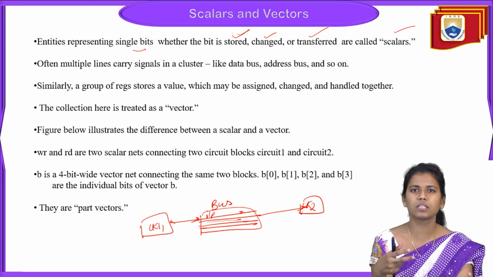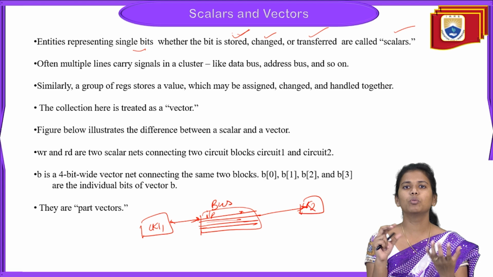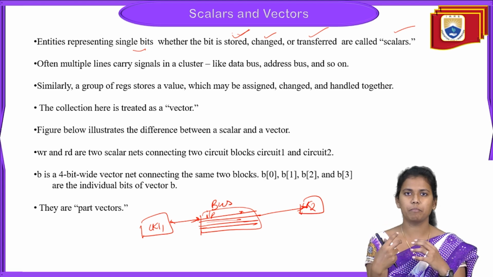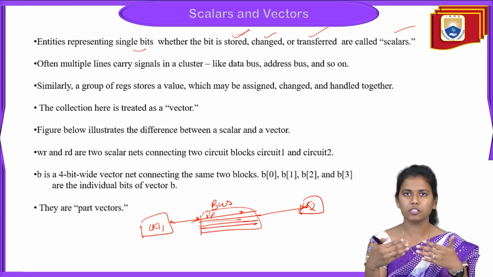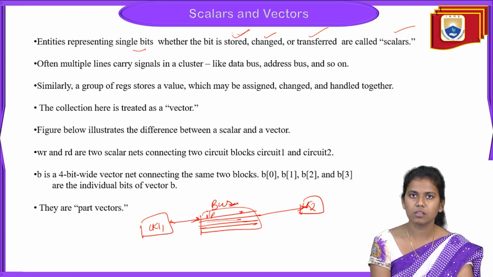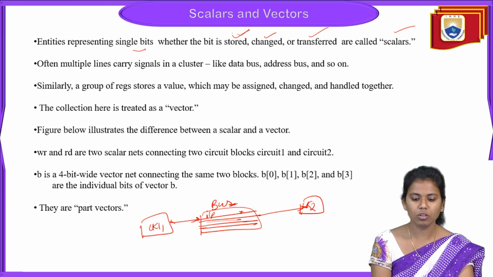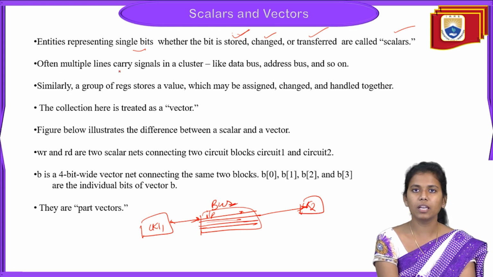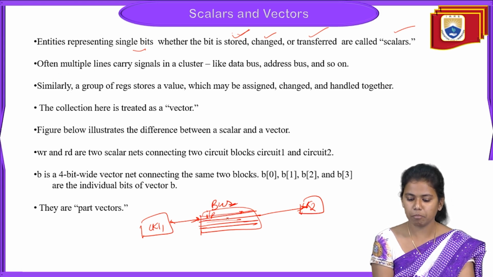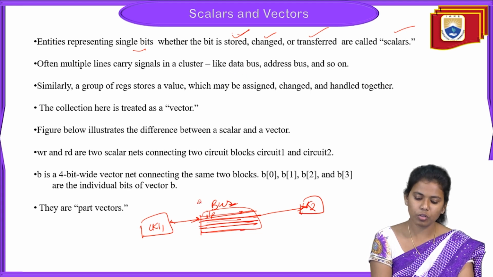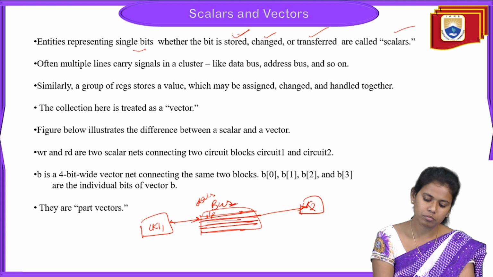You see the complexity, all the wires will be messed up. So in order to make it easier, we use a bus. A bus is nothing but the connection between two circuits or modules. So often multiple lines are carried in a cluster, like a data bus, address bus and so on.